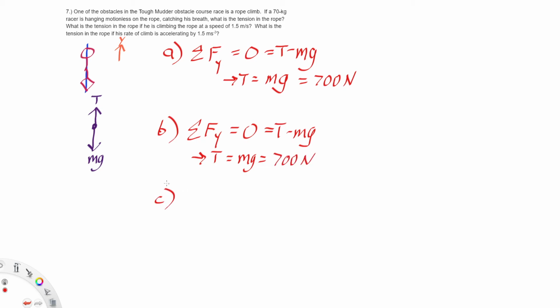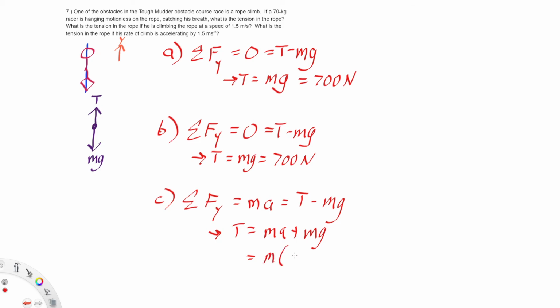And lastly, if you are actually accelerating, then the sum of forces is going to be ma. So that means tension is going to equal ma plus mg. Maybe factor out an m.